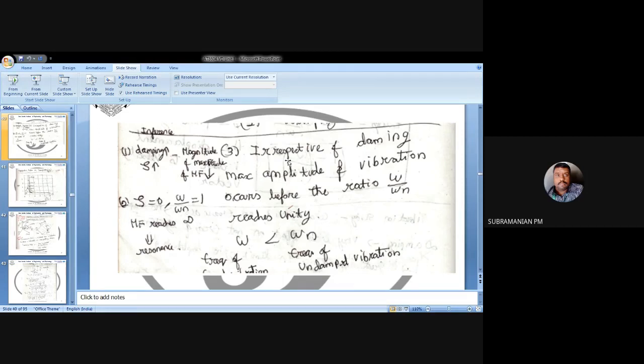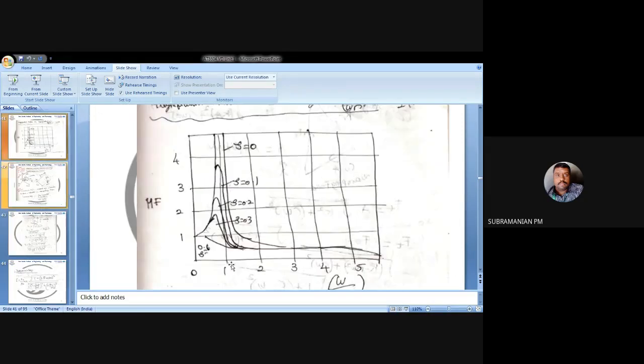And you can see, irrespective of the damping, what will happen? The maximum amplitude occurs before the frequency ratio 1. Instead of reading the sentence, you can see it in the graph. See, omega by omega n is equal to 1 on this line. You can see for all damping ratios, the maximum value occurs before 1.